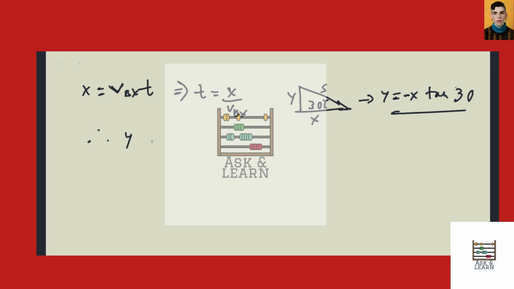Then we use our equation of motion, y equals y naught plus VBY times t minus 1/2 g times t squared. So plugging in everything from above, we have negative x tan 30 is equal to y naught, which is 4.4, plus VBY.